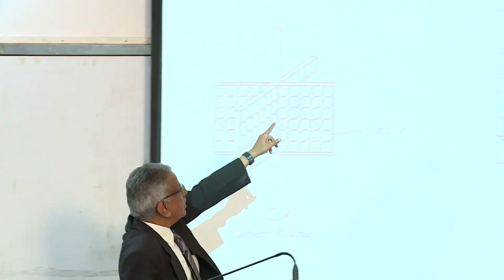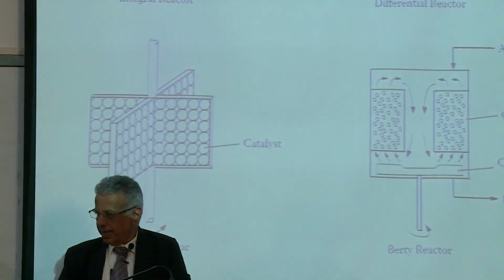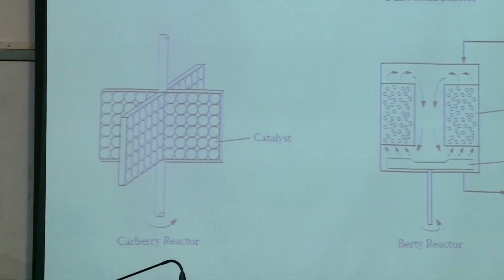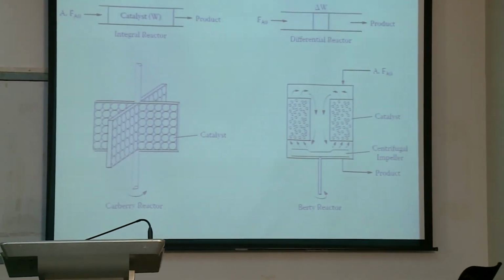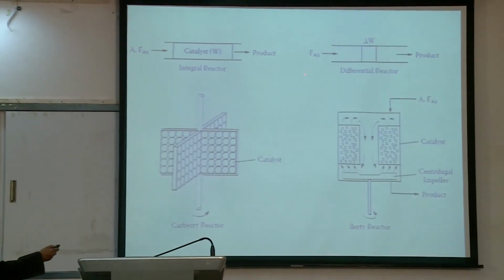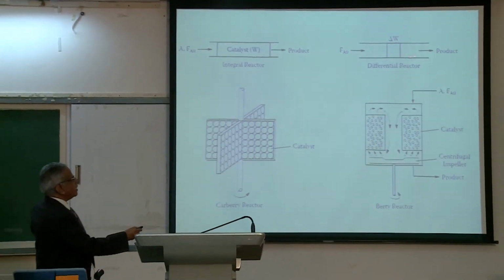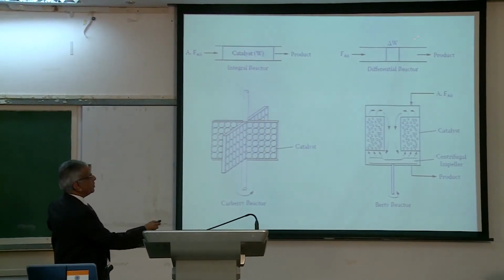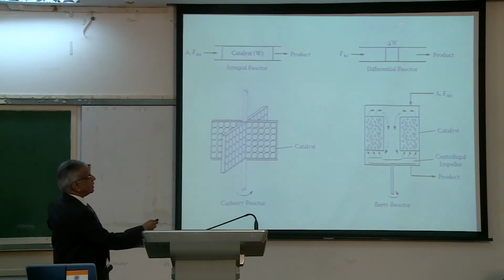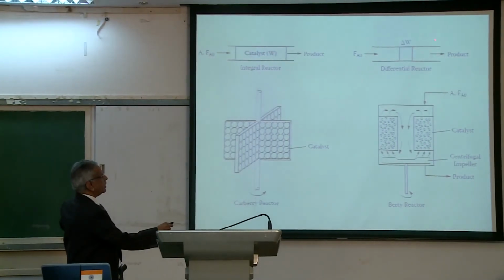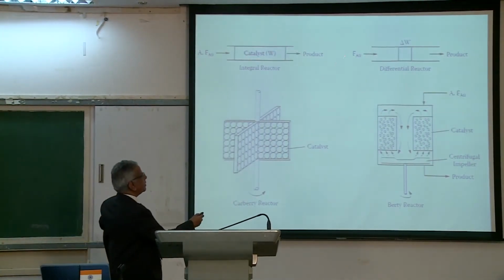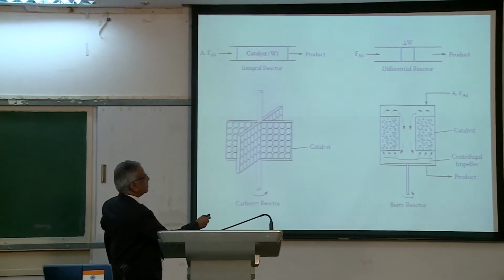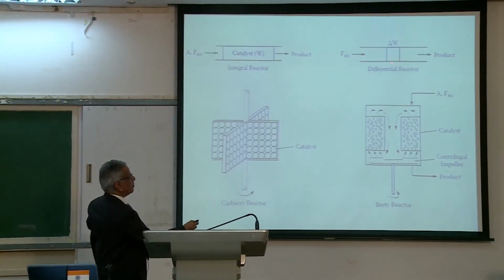So here, if you see the reactor on the right side, there is a delta weight, maybe 1 gram or maybe 0.5 grams. There are screens on both the sides and a quantity is kept, right? And then either liquid phase or gas phase flows across the solid particles and there is a chemical reaction.